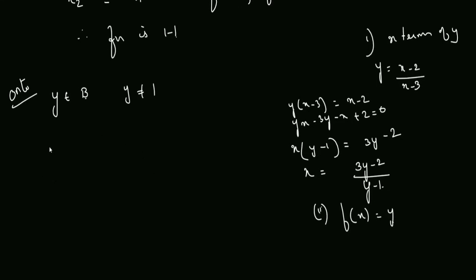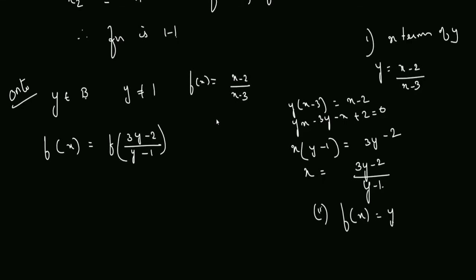So we have to prove now f of x. That means f of x, where x is (3y minus 2) by (y minus 1). What is the function f of x? f of x is (x minus 2) by (x minus 3).